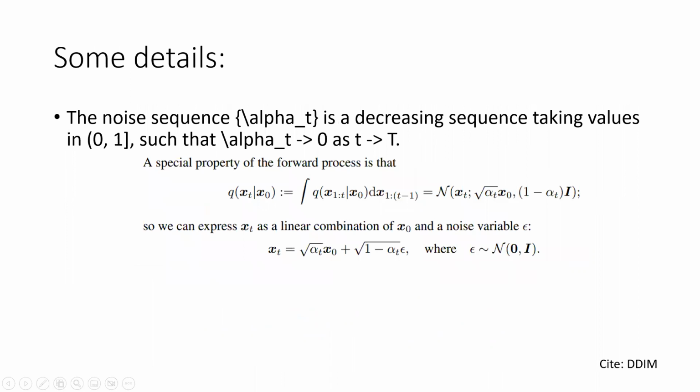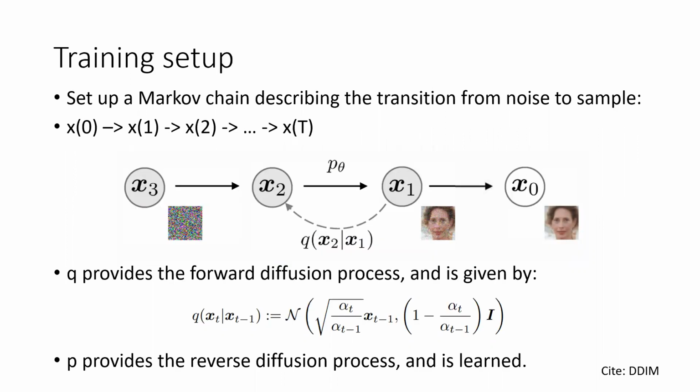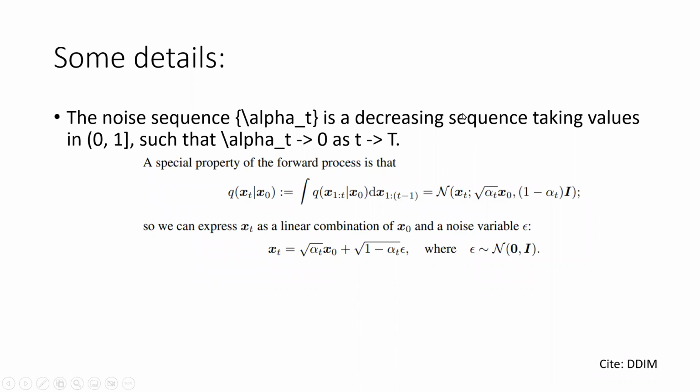And some more details explaining this. We saw this alpha sub t in this normal distribution for Q. That alpha sub t is going to be a decreasing sequence of values where each alpha sub t is between 0 and 1, and this sequence approaches 0 as the time step approaches the maximum time step T. A special property of this forward diffusion process is that we can express xt as a linear combination of x naught and a noise variable.